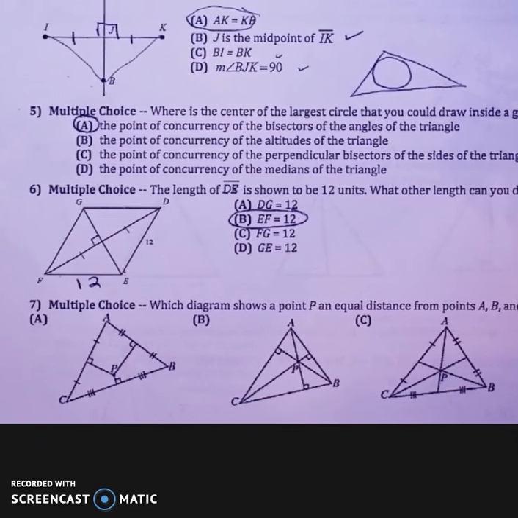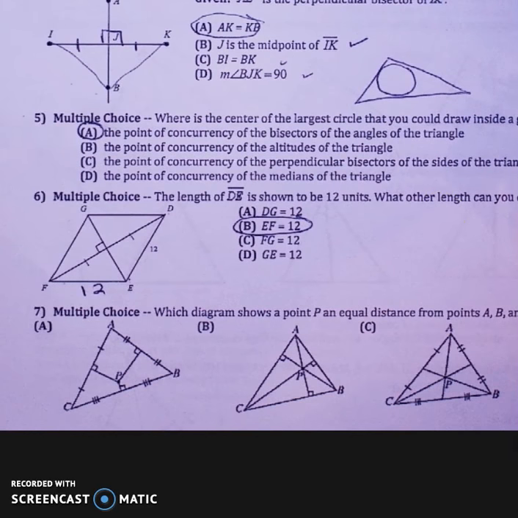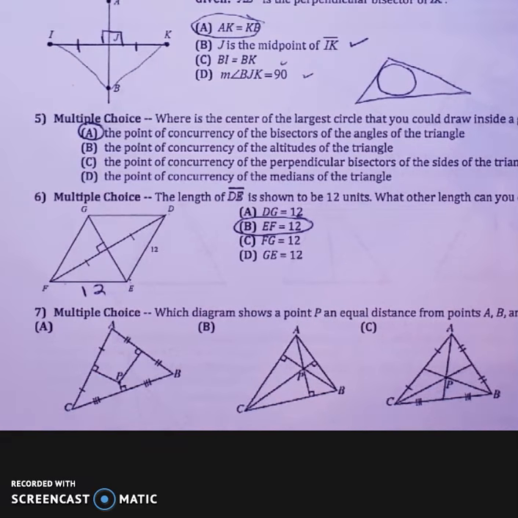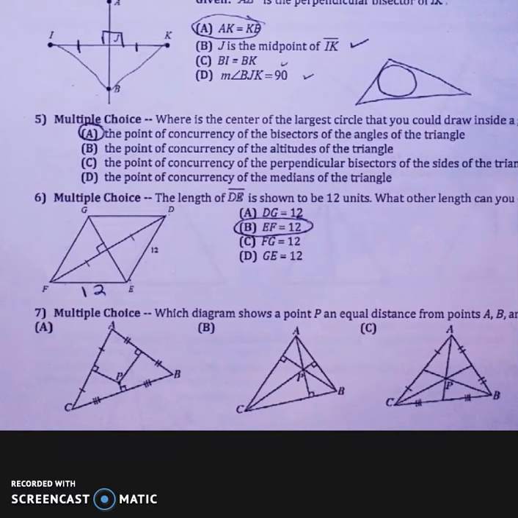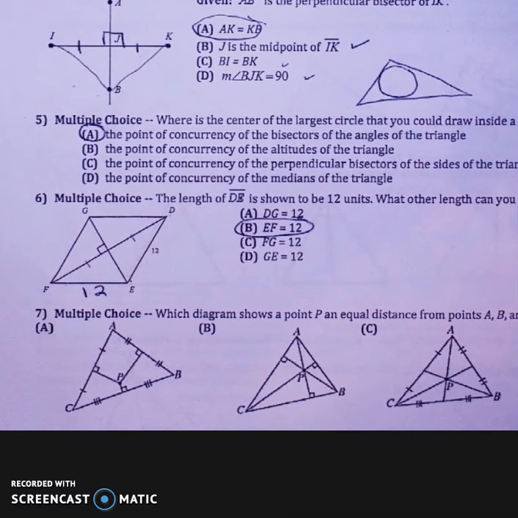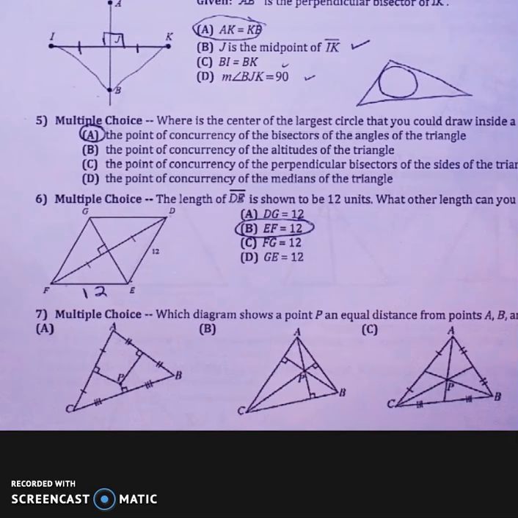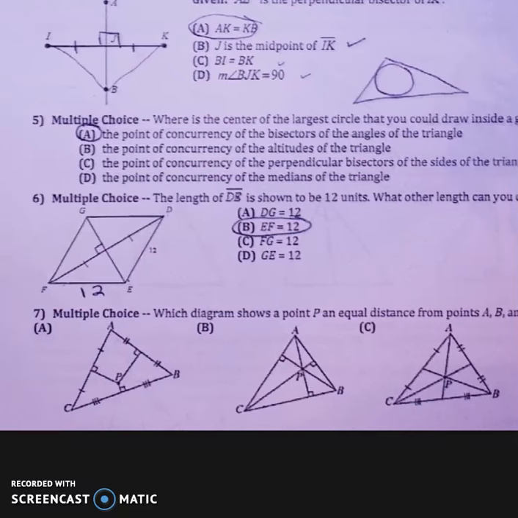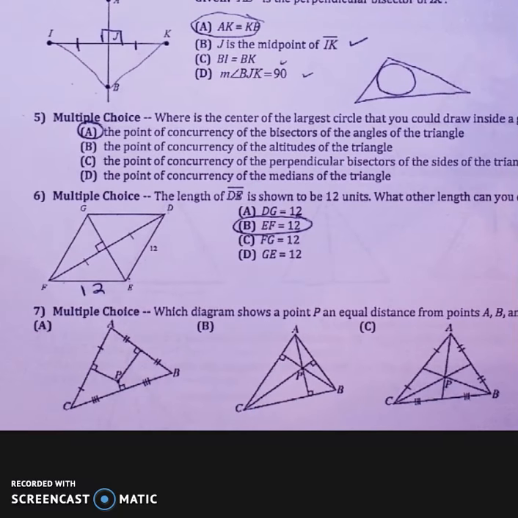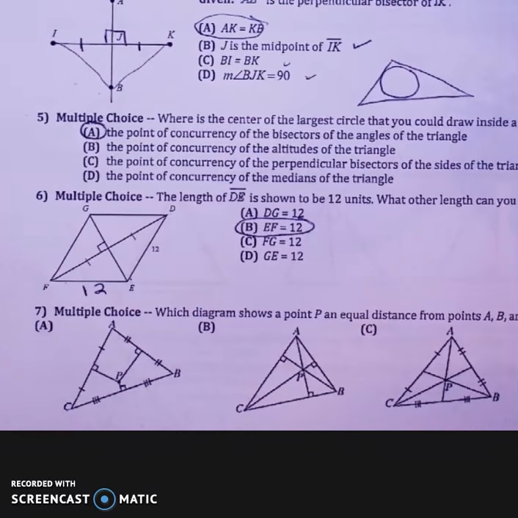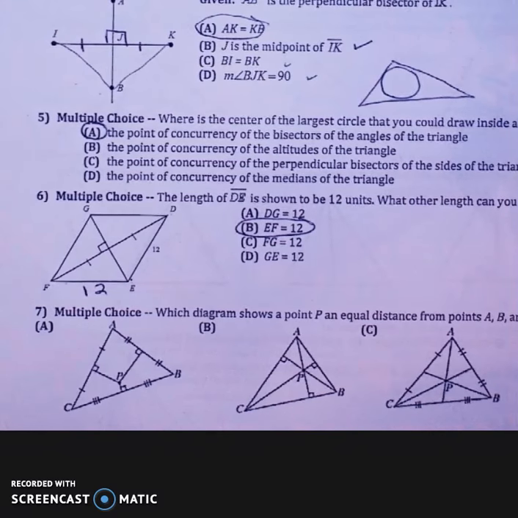Okay, moving on to number 7. Which diagram shows that P is the same distance from A, B, and C? So if you remember, that means we're looking for the circumcenter, which comes from the perpendicular bisectors, which would actually be A. If you take a look at this one, this is the altitudes, which goes with the orthocenter.